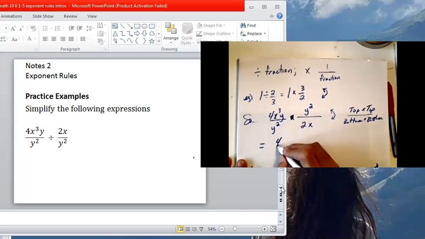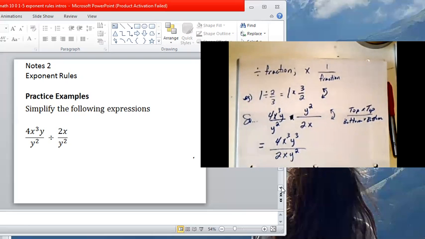So that's going to look like this: 4x cubed y cubed over 2xy squared, like that.